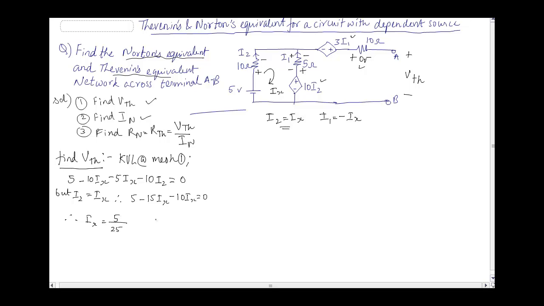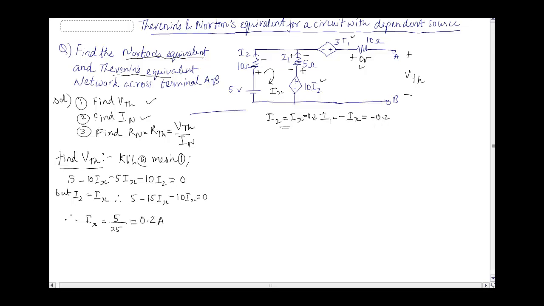Clear? So 5 divided by 25, which is 1 by 5, which is 0.2 amperes. So we have found Ix. Therefore I2 will be equal to 0.2, I1 will be equal to minus Ix, which is minus 0.2.